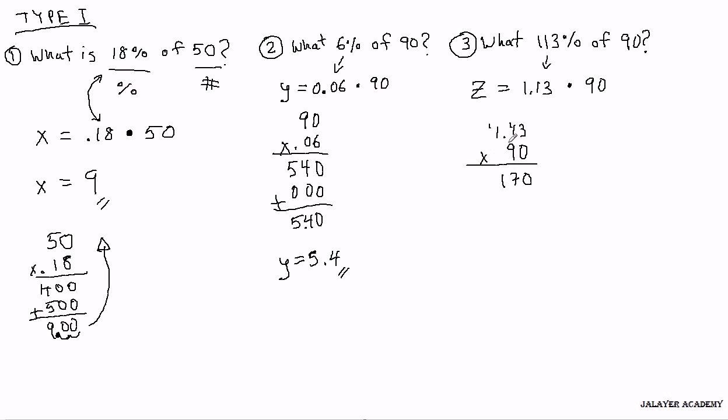This goes up here, 9, and 10. Go over 2 decimal places, and we get z equals 101.70. So 113% of 90 is 101.7. So you see, it's greater than 90, the original number.